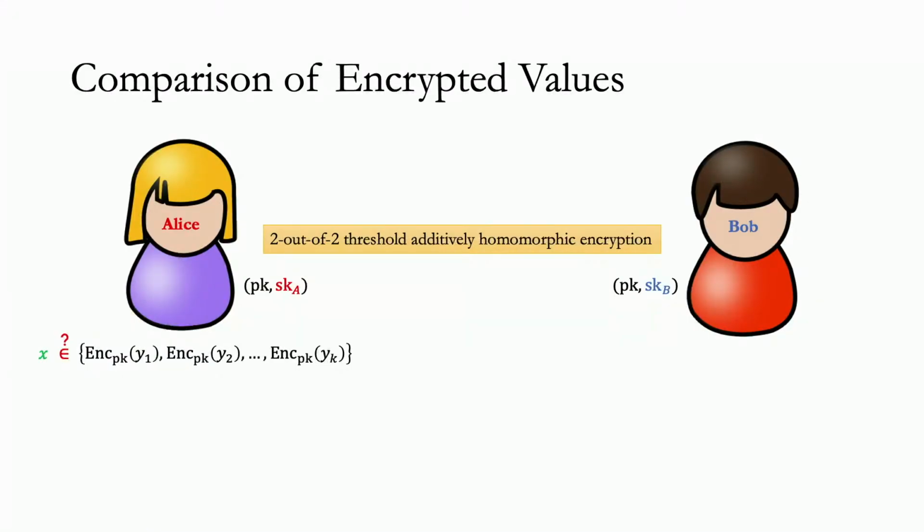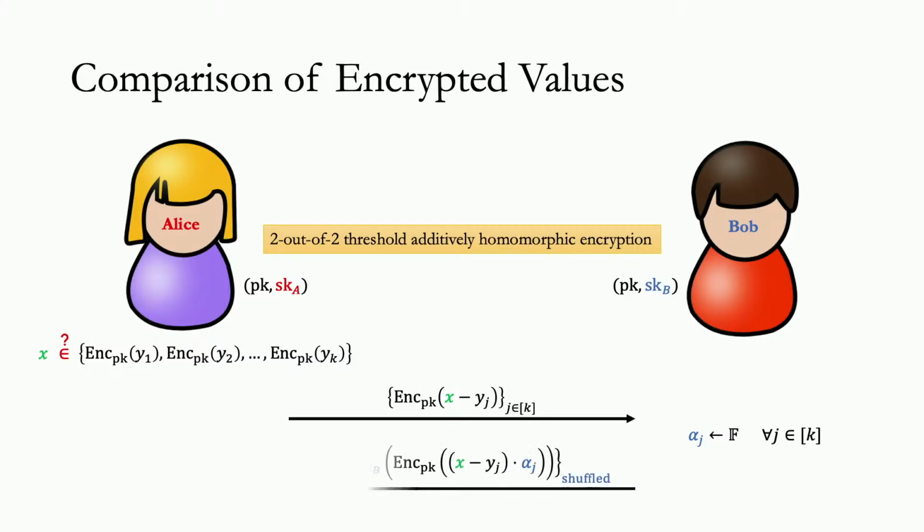And these elements are encrypted under the public key. To test whether X belongs to this set, Alice can simply homomorphically compute the encryption of X minus Yj for each Yj. So if X is equal to any Yj, then it's going to be an encryption of 0. Otherwise, it's an encryption of non-zero. Then Bob randomly samples some scalar to homomorphically multiply every encryption by a random scalar, and then partially decrypts using his partial secret key, and then randomly shuffles them.